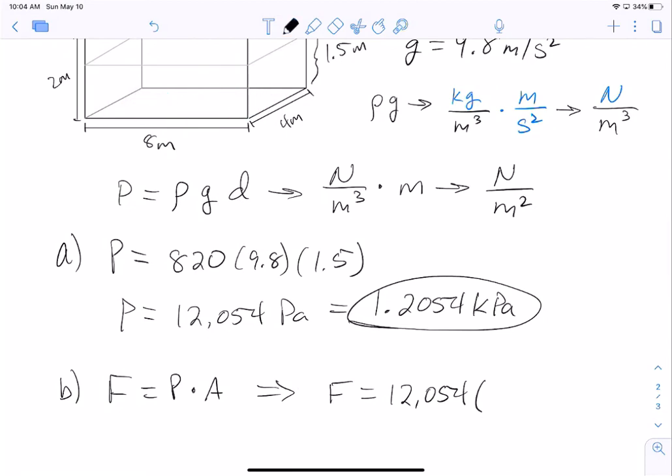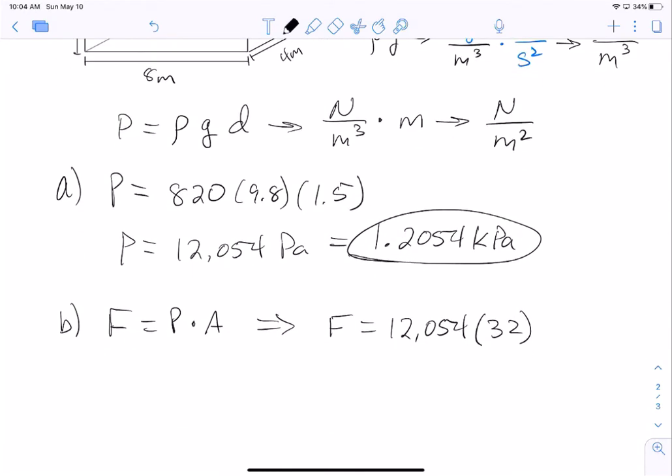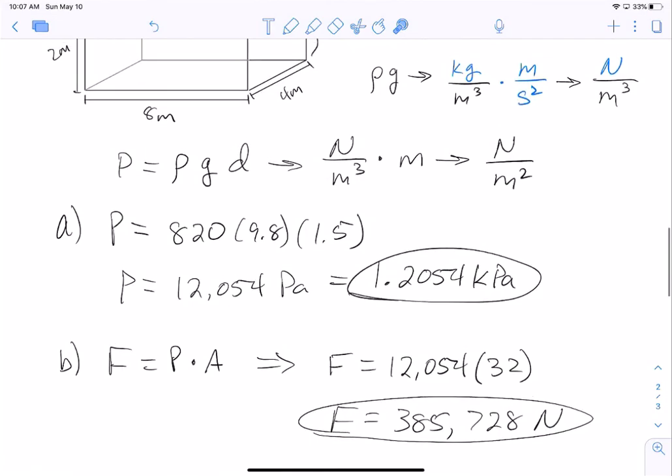And so 8 times 4, 32. So 12,054 times 32. And so the force is equal to 385,728 newtons. And we end up with newtons by using the pascals, because the pascal was built on the newton, right? Using the kilopascal, we'd end up with kilonewtons. So those are parts A and B.